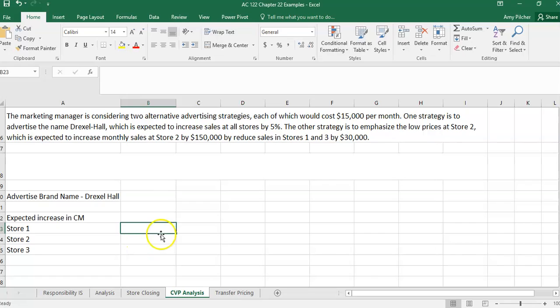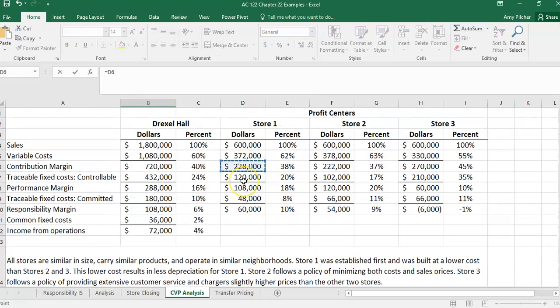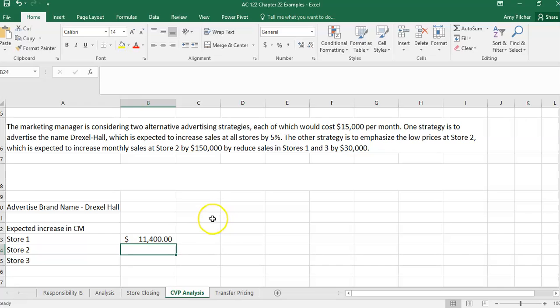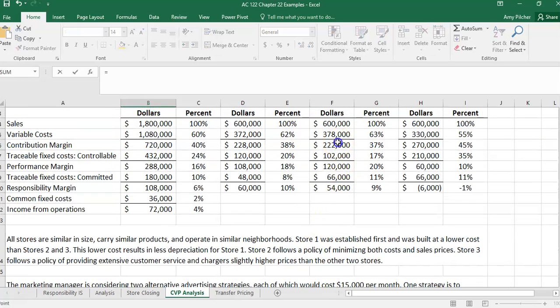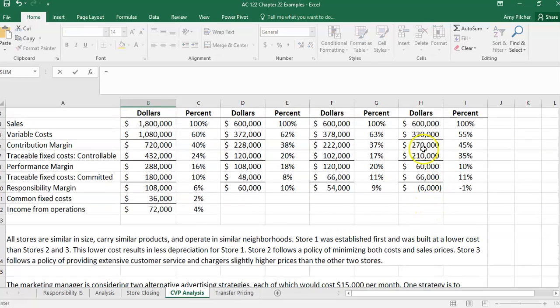So in store 1, we take our contribution margin times 5%. For store 2, we take store 2's contribution margin times 5%. And in store 3, we take store 3's contribution margin times 5%.